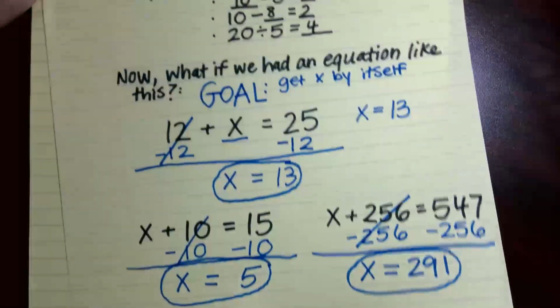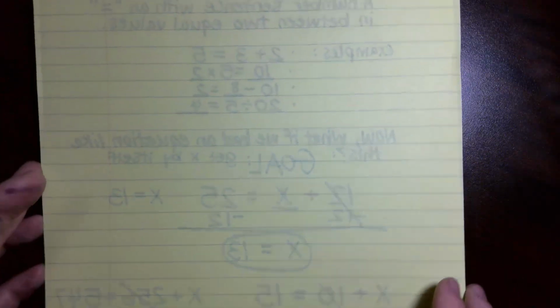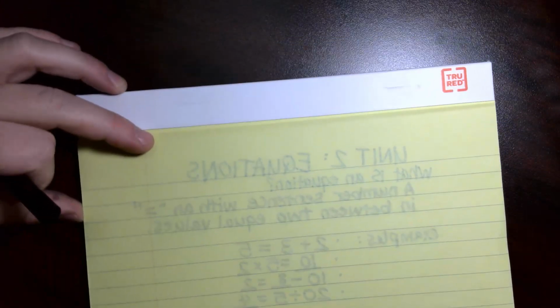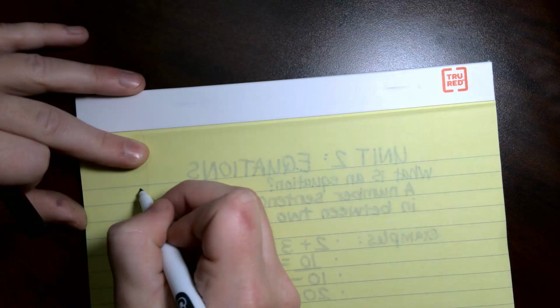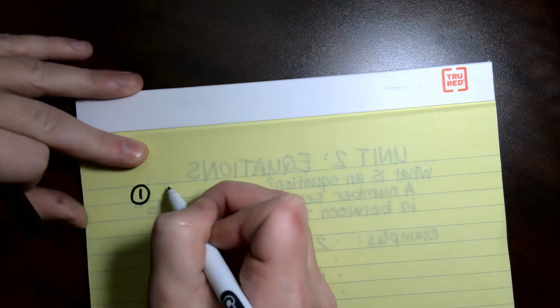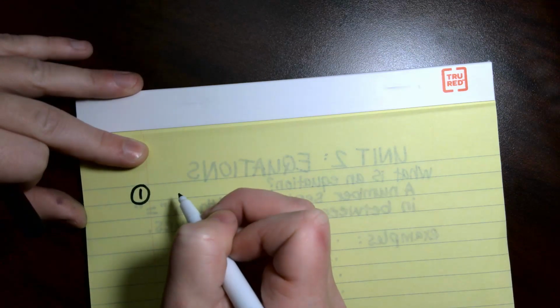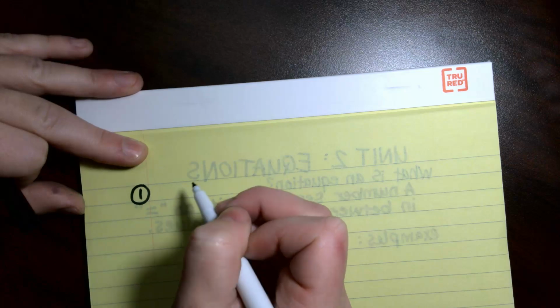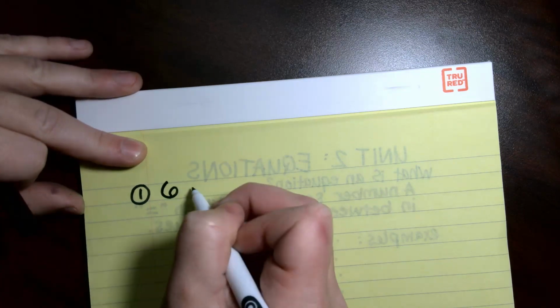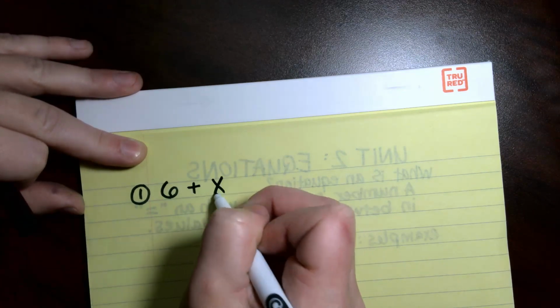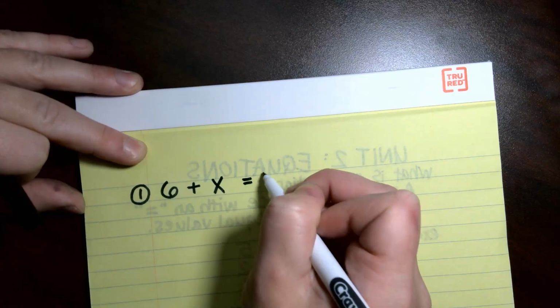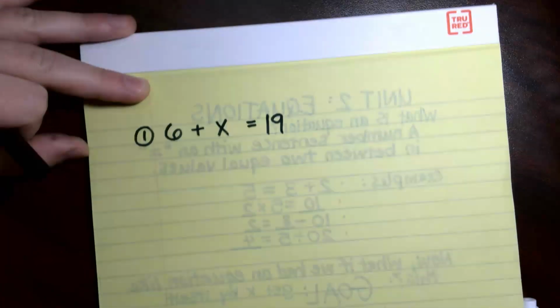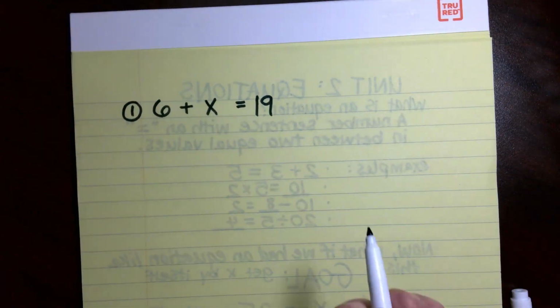Okay. Here's what I'm going to have you guys do now. I'm going to set a little 5-minute timer, and I want you to apply this and see if you can do these on your own. I'm going to give you some tricky things here and see if you can figure them out. Number 1: 6 plus a number is going to make 19.